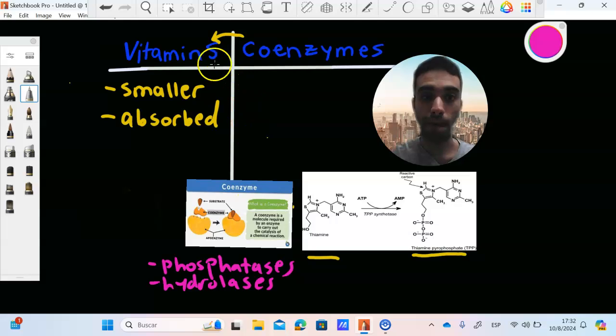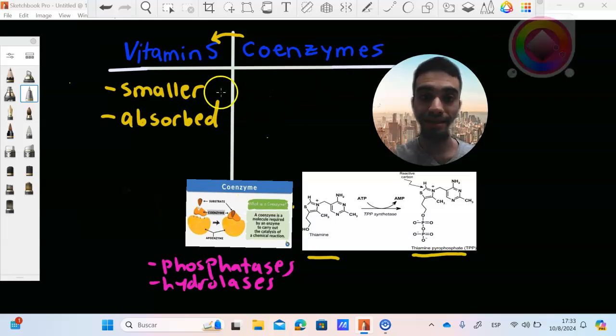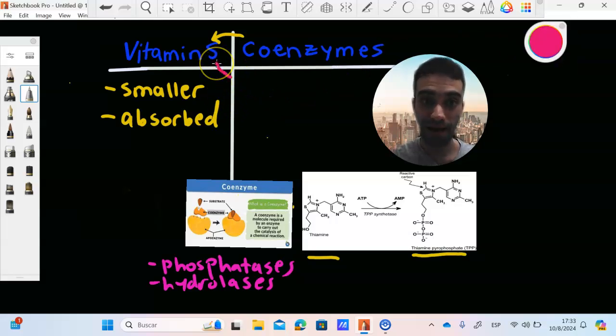Now we can also go the other way. Once vitamins are absorbed by the body and by our cells, later on in the cell they're going to be converted back into coenzymes.